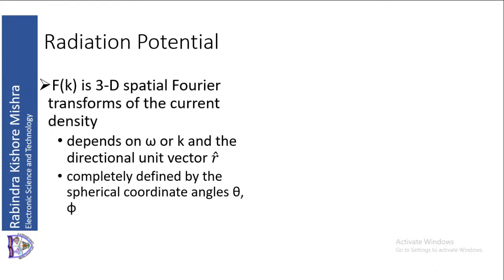This is completely defined by the spherical coordinate angles theta and phi. So in terms of the spherical angles theta and phi, we can define what F is. F is a function of theta and phi.